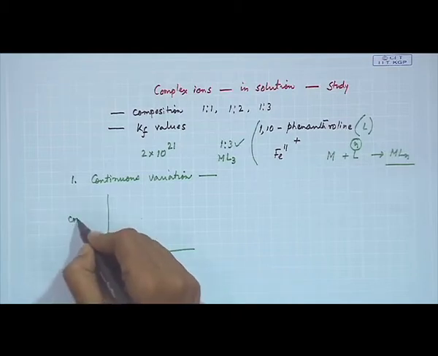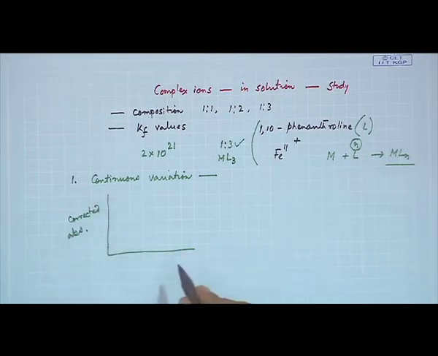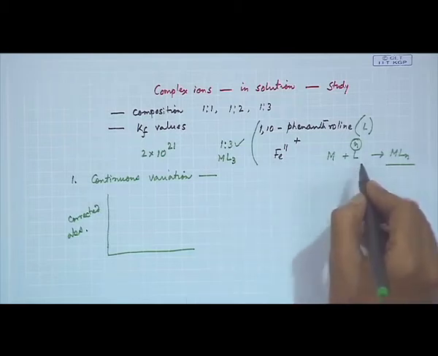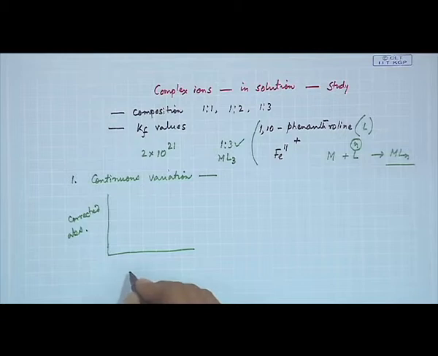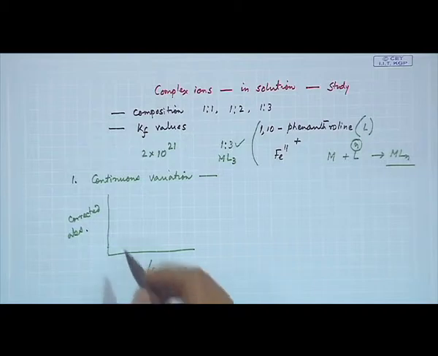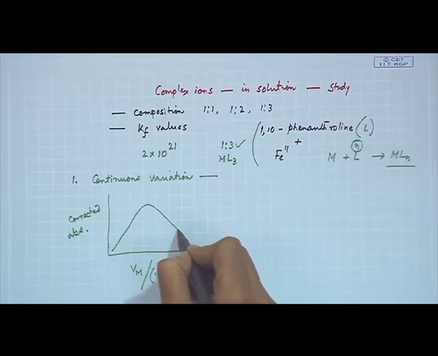In this case, what we plot is corrected absorbance against the volume of M and the volume of L. That means we can plot the volume fraction: the volume of the metal ion divided by the total volume of the metal ion plus the ligand. So, this will go like this, and then it will decrease.